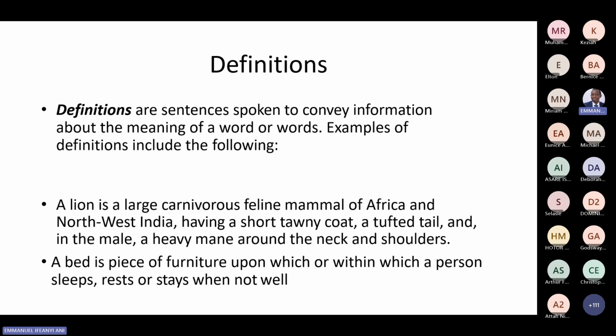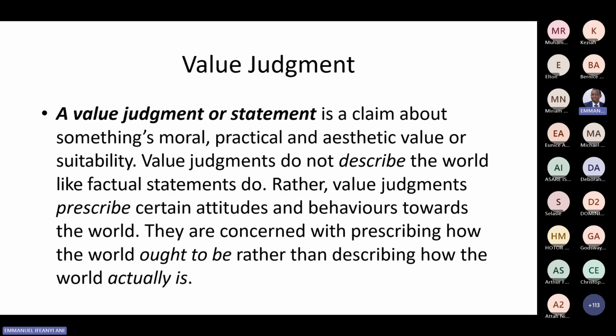So this is a definition. Just bear in mind that providing meaning is the function of a definition. A bed is a piece of furniture upon which or within which a person sleeps, rests, or stays when not well. Okay, so that's for definitions.